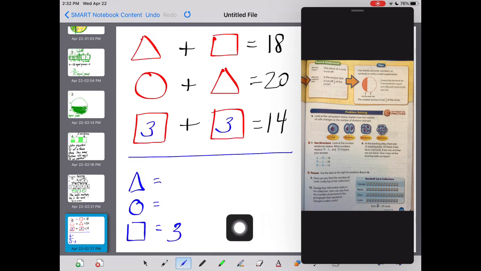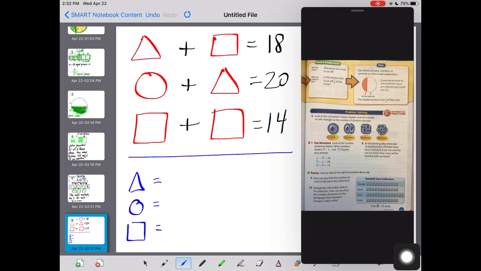So therefore these numbers have to be the same. Now, am I right? 3 plus 3 equals 14? I don't think so. So we need to think what number added to itself equals 14.